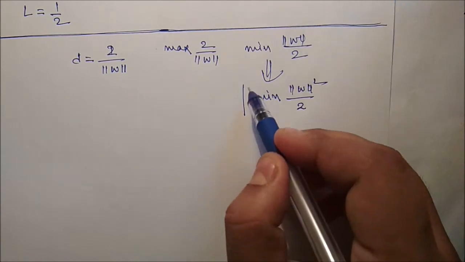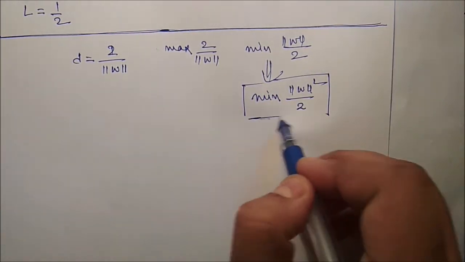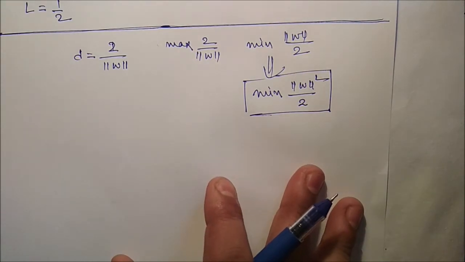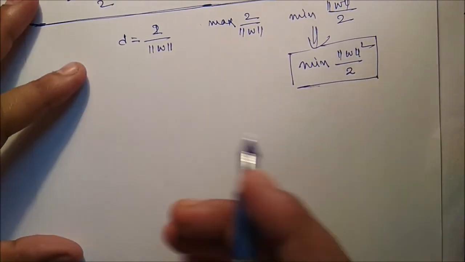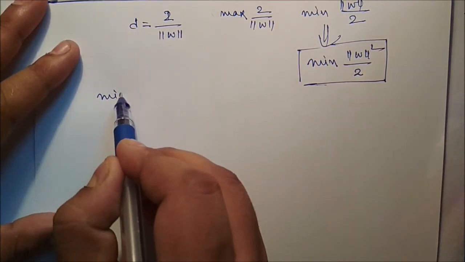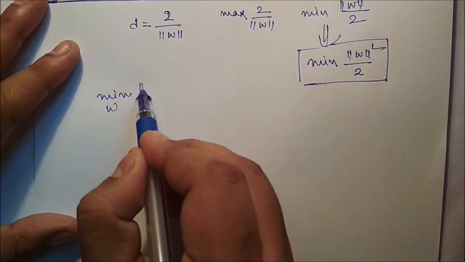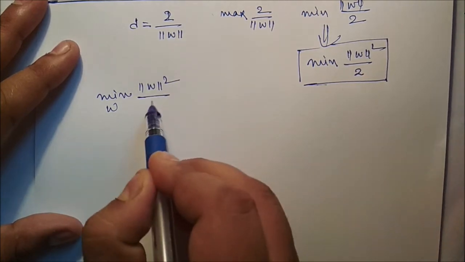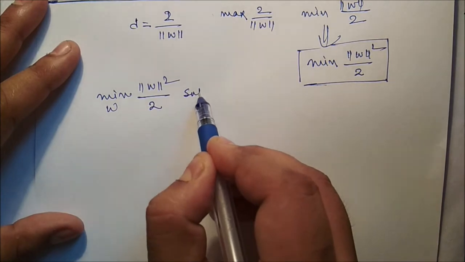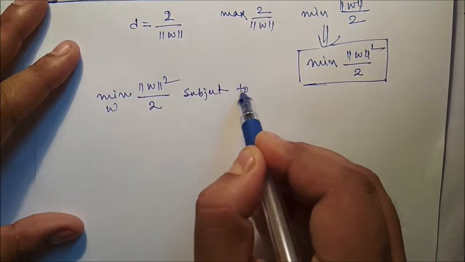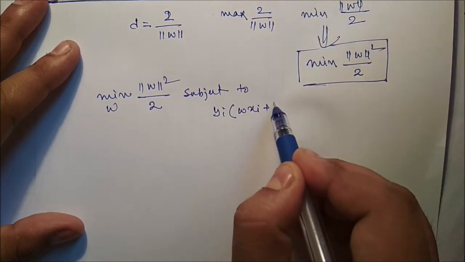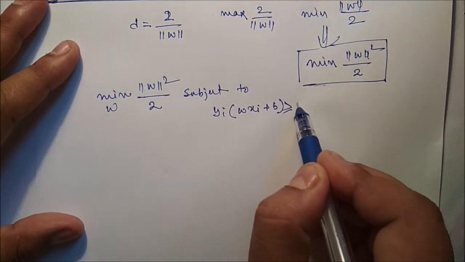So this is our main objective: minimize norm of w squared by 2, subject to yi(w dot xi plus b) greater than or equal to 1.